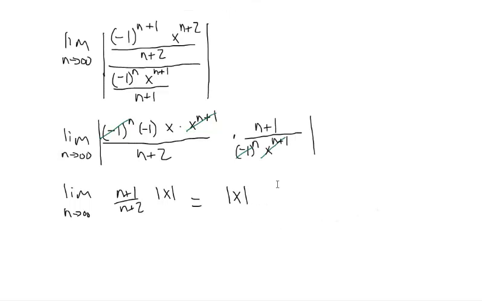And the absolute value of x needs to be less than 1 for convergence. So our interval of convergence is negative 1 is less than x is less than 1. And that's our video on representation of functions as power series.